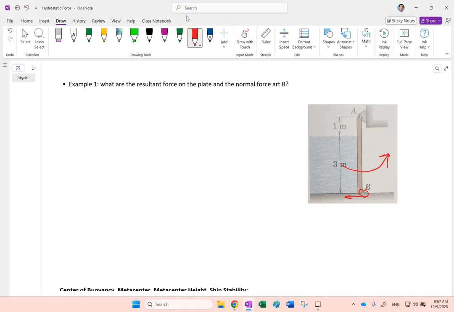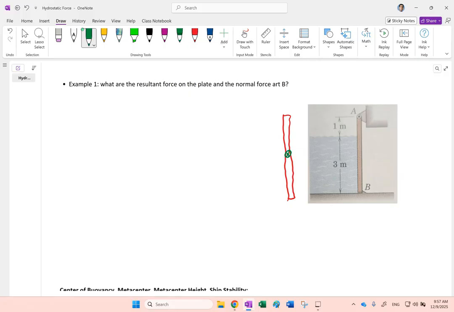What you need to find here is the resultant force of all of this body of water on the vertical plate and this normal force at B. So if I draw the free body diagram of this vertical plate, right? So if this is my vertical plate here, what forces do I have on it? Well, I clearly have the force of gravity on the plate.